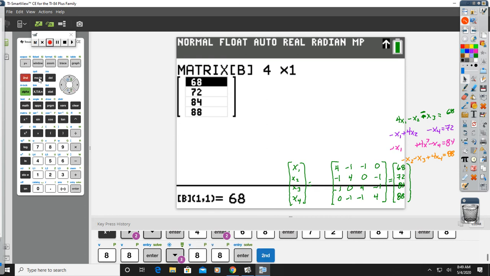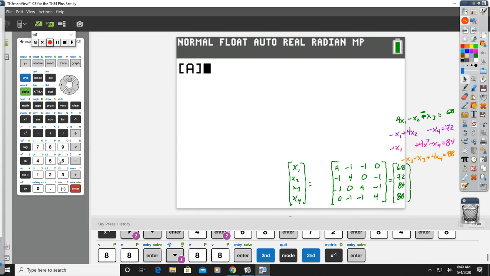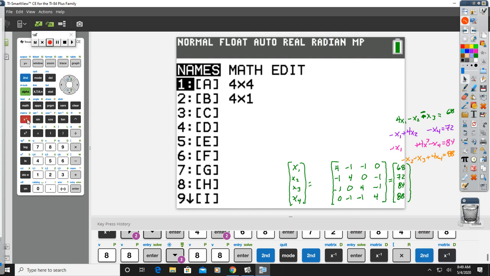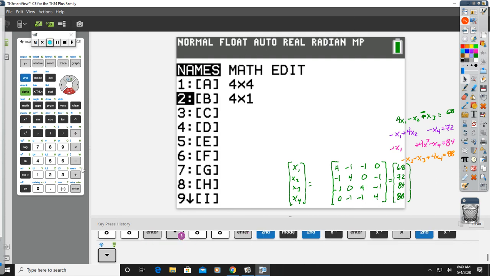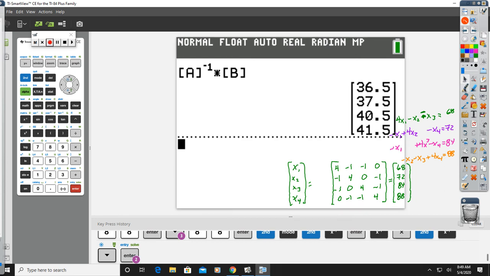So now I come out of it. I hit second matrix. I choose A, inverse, times second matrix B. I hit enter, and it tells me that x1 is 36.5, x2 is 37.5, x3 is 40.5, x4 is 41.5.